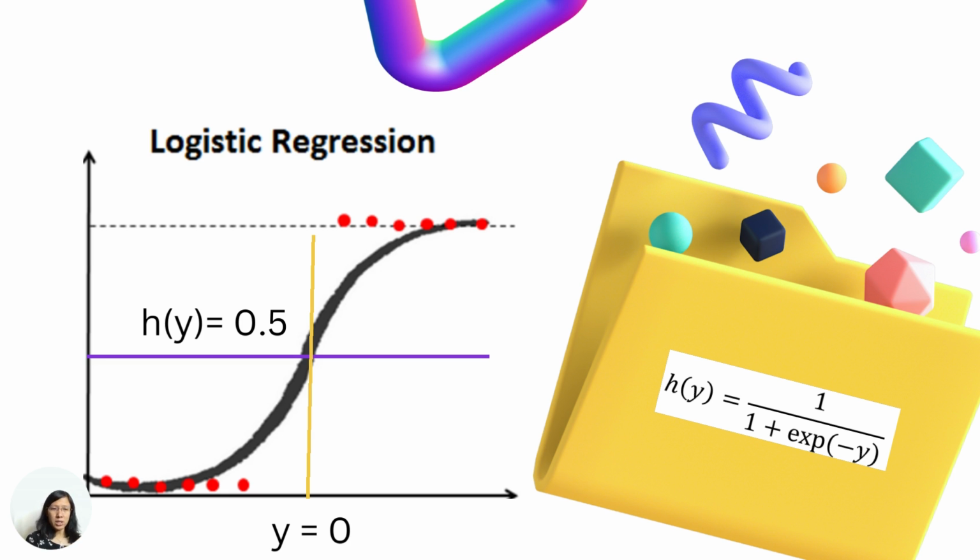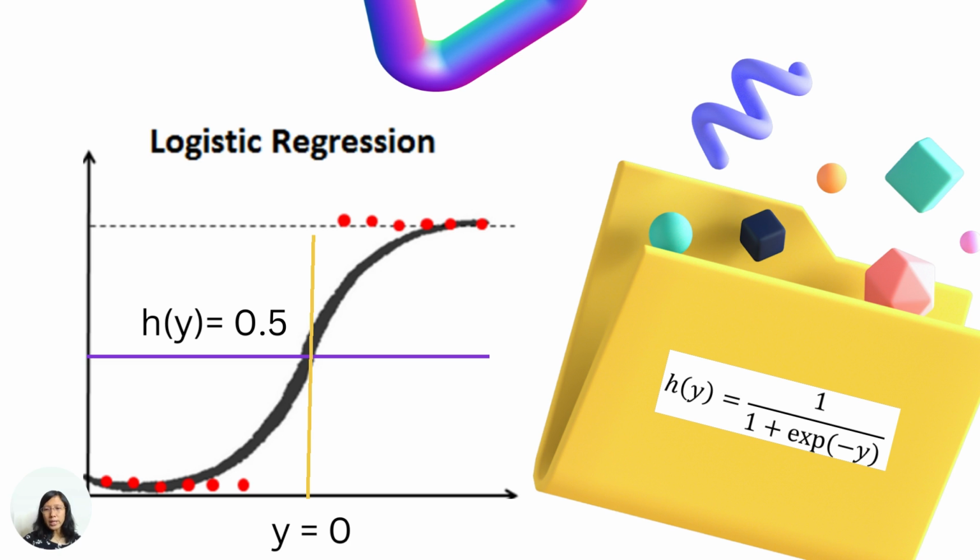If your y is 0, exponential 0 will be 1, and then you will get 0.5. So h of y will be 0.5. Likewise, if your y is greater than 0, exponential of minus y approaches 0, so you will get 1 for your h of y.